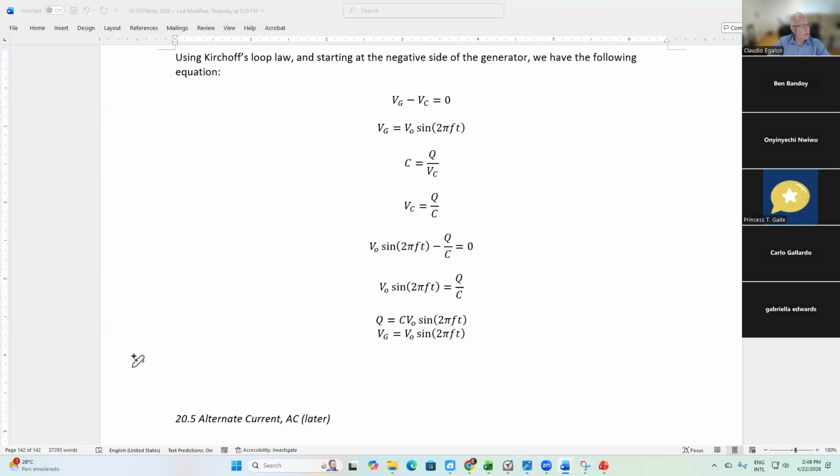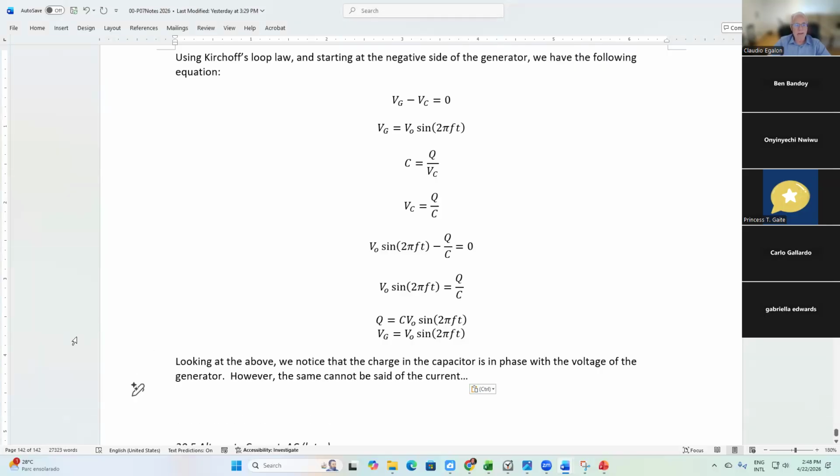However, the same cannot be said of the current. Remember that the current is delta Q over delta T.